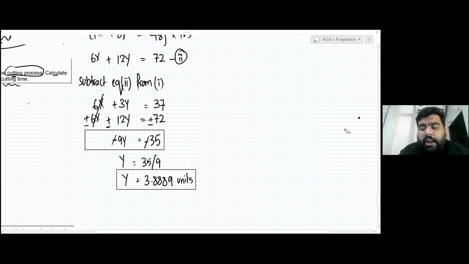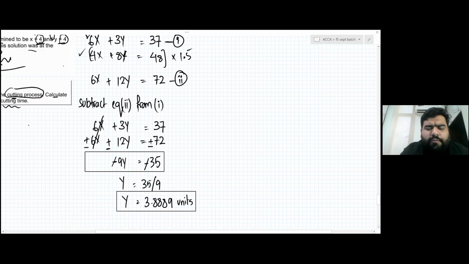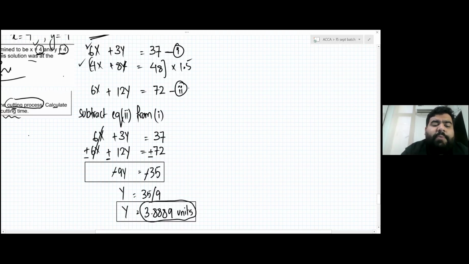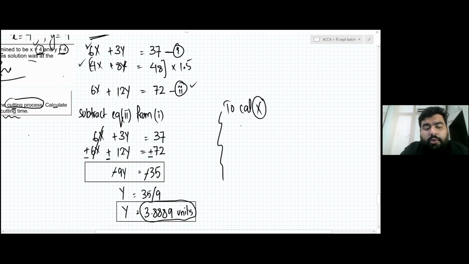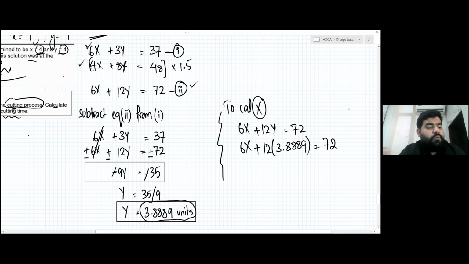Now we have calculated the number of units of y. Now we can calculate the number of units of x. We know the value of y. Just take this y and put it in. It's up to you, take any equation. I'm taking equation 2 to calculate x. The equation is 6x plus 12y is equal to 72. 6x we have to calculate, 12y you have already calculated, 3.8889 is equal to 72.